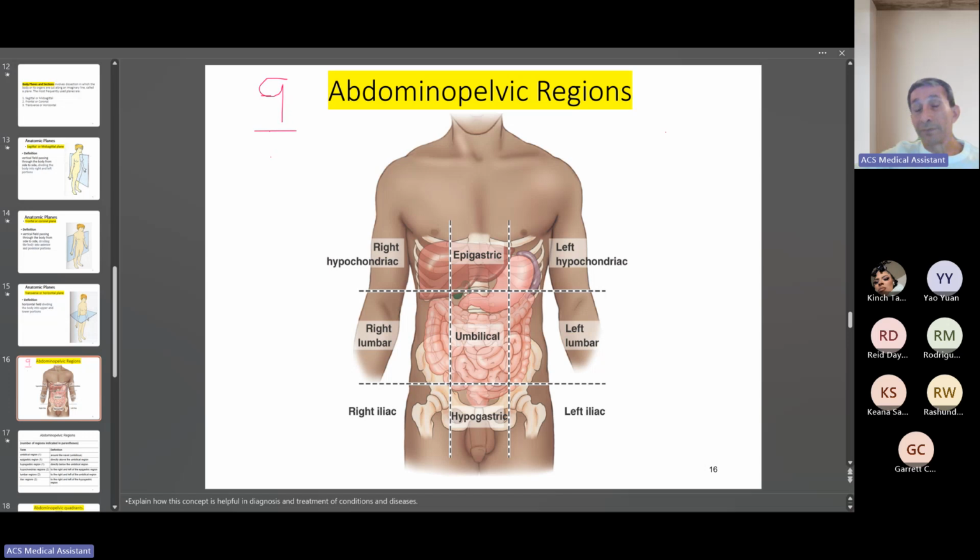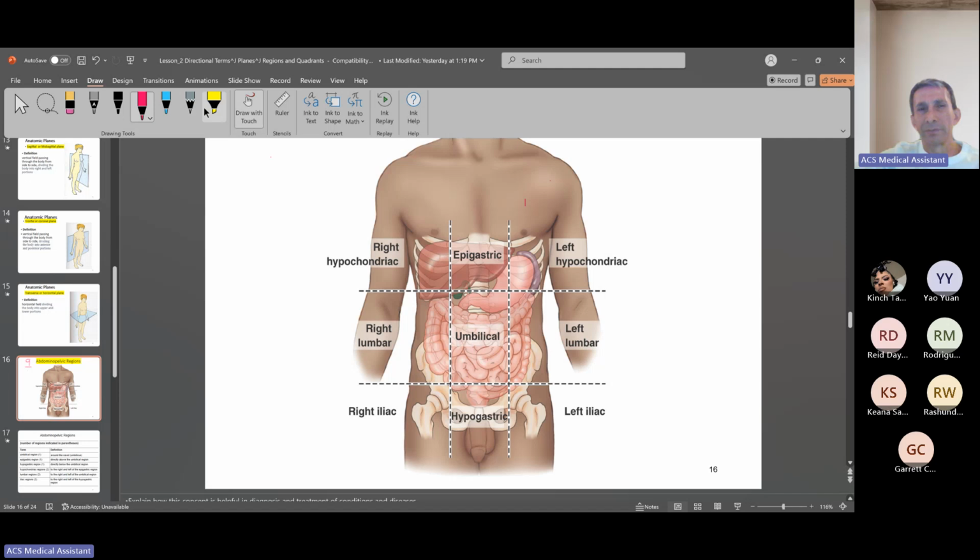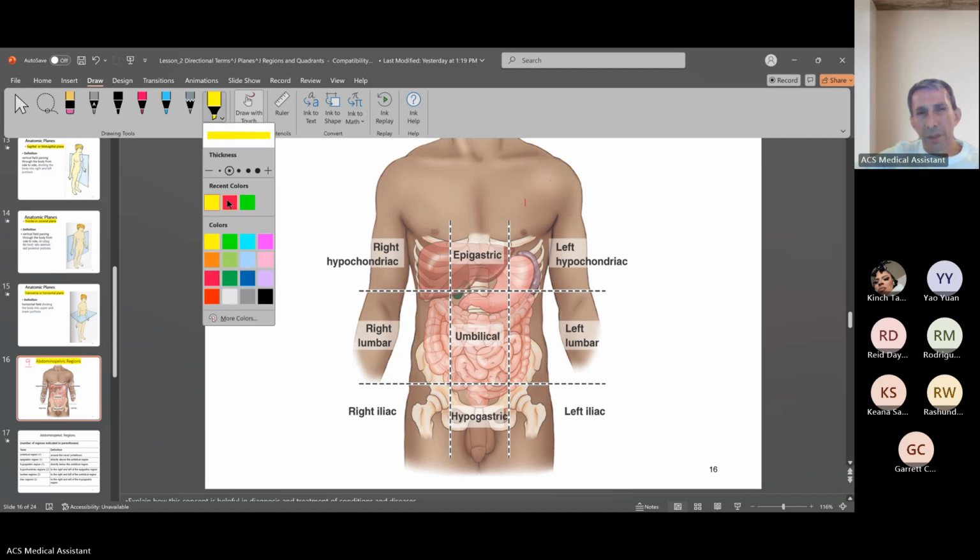Abdominopelvic regions. That's how we're going to know the difference, because later on in this chapter we're going to have quadrants, but quadrants are 4. So just in case they ask you how many abdominopelvic regions there are in our body, you say 9. We're going to mention them. Let me put this in a different color. Let me do green right here.